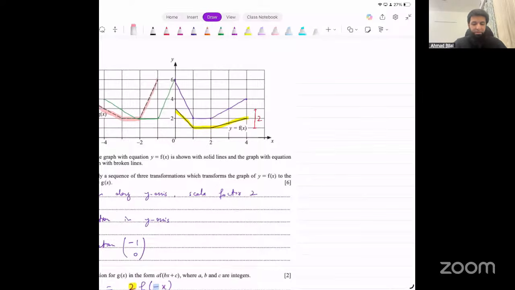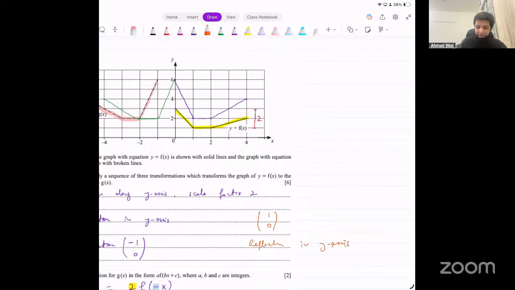Yes, the marking scheme will have an alternative way of doing this as well: they may have done a translation first and then reflection in the y-axis after that. But in that case, the translation vector would be different. If I were to do the translation first, after the stretch, it would be a translation of (1, 0), and then reflection in the y-axis after that.